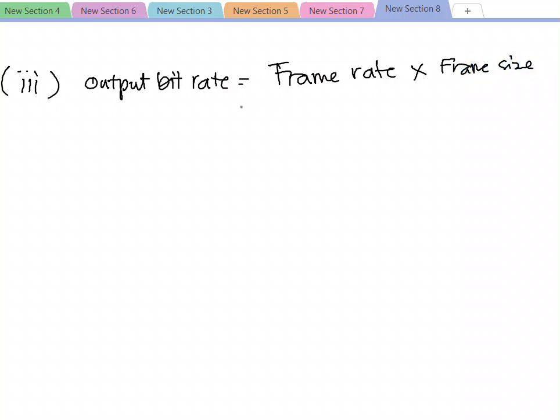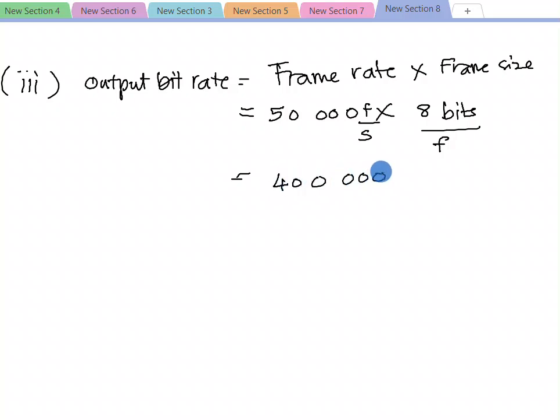Okay. So frame rate kita tadi 50,000 multiplied by frame size. Okay. Yang ni 50,000 frame per second. Unit dia yang ni 8 bits per frame. So dia akan jadi 400,000 bps. Okay.